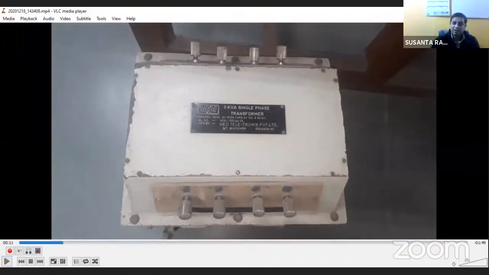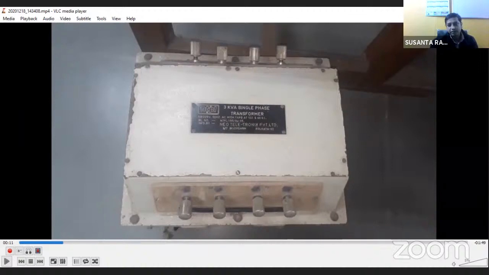So this is the transformer. I think you have already seen this type of transformer during your experiments in second year. This is a 3 kVA single phase transformer, and the voltage ratios are mentioned as 110 by 220 volts, 50 hertz AC, with taps at 50% and 86.6%.